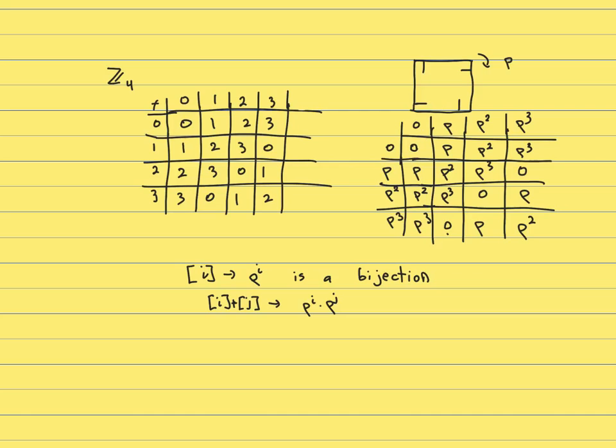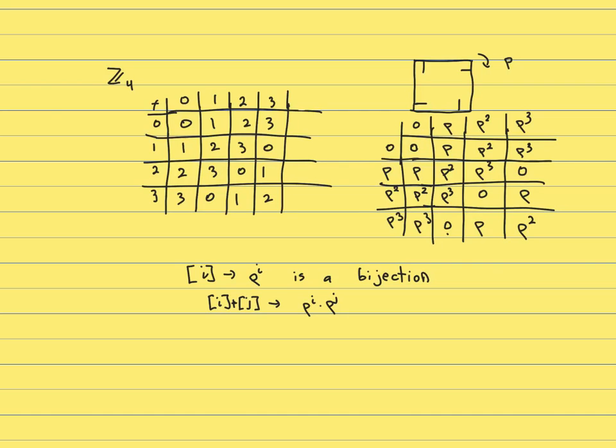It doesn't take long to notice that if I send i to rho to the i, we get a bijection between these two sets, with the feature that the multiplication table actually matches. So you see here's a 3, here's rho cubed.